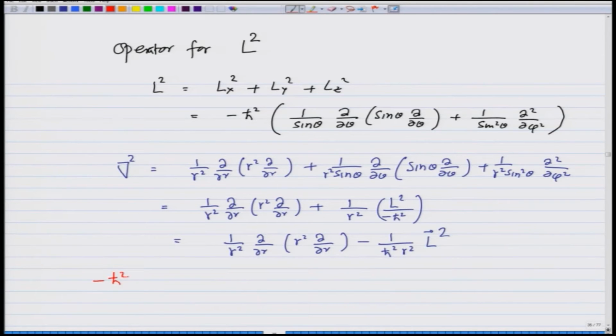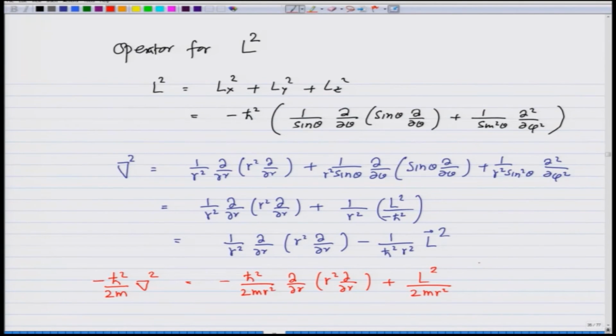minus ħ square over 2m del square is going to be minus ħ square over 2mr square d by dr r square d by dr plus L operator square over 2mr square.